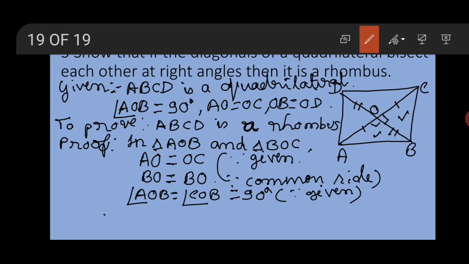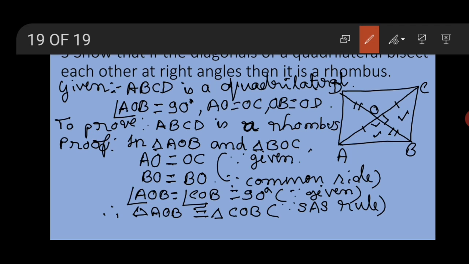Therefore which two triangles are congruent? Triangle AOB is congruent to triangle COB. Reason: SAS congruency rule.